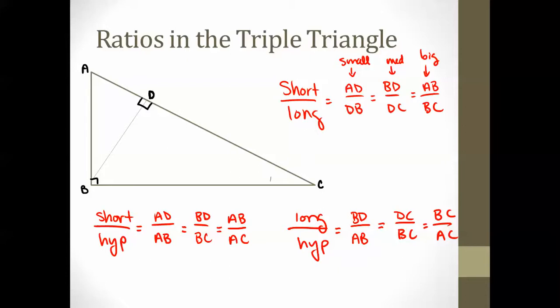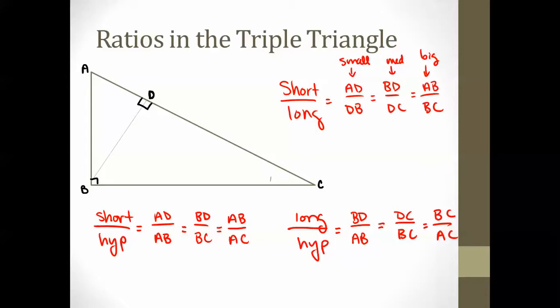The short leg over the long leg of the right triangle, so that's true for small, medium, and big. The short leg over the hypotenuse for each of the 3 triangles, and the long leg over the hypotenuse for all 3 triangles. So you can use these different ratios to find missing lengths within the triangle.